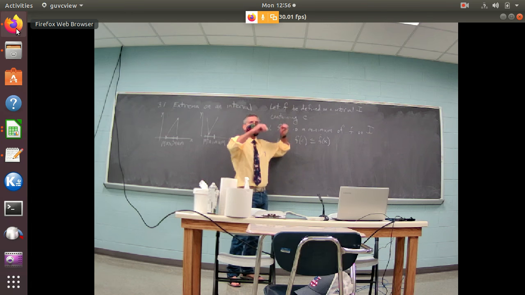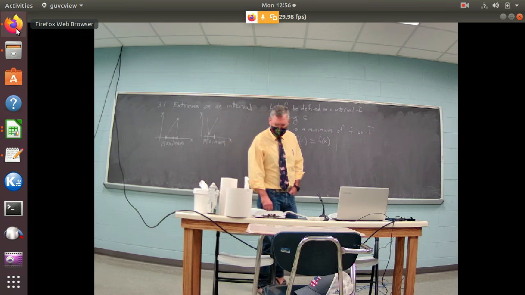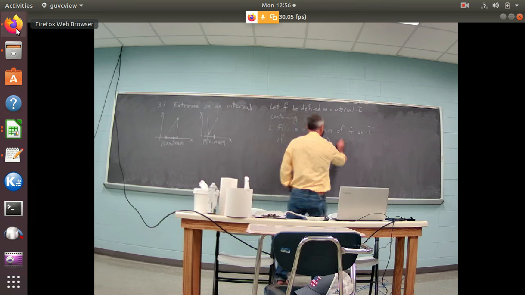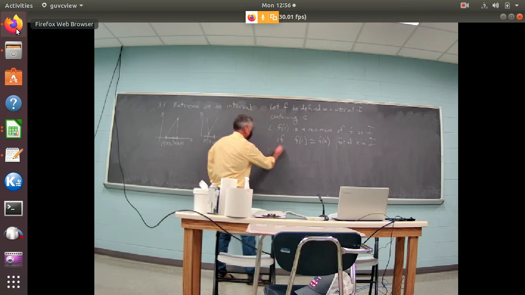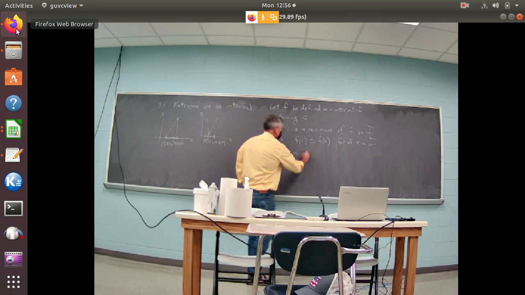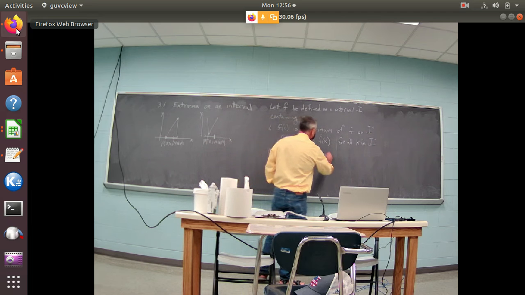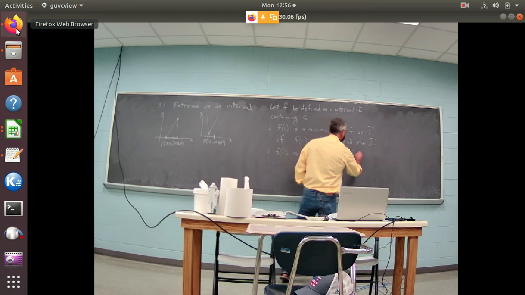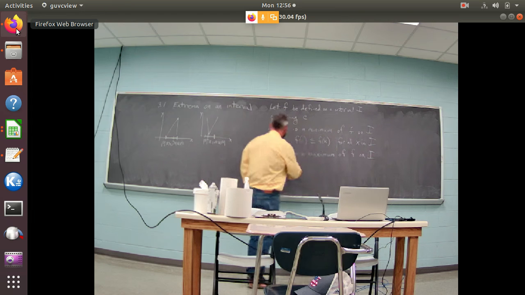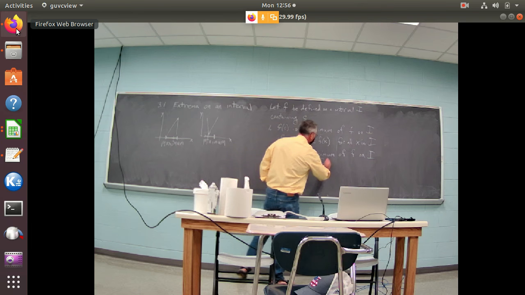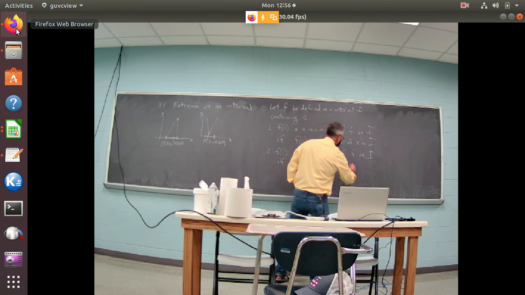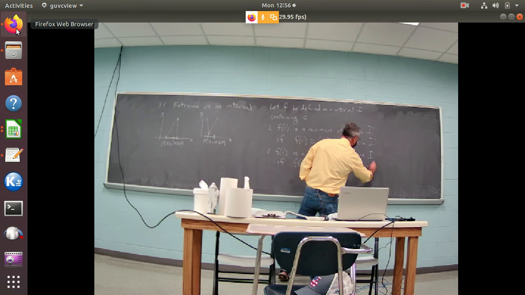So you could have two peaks at the same height. But it's less than or equal to f of x for all x in I, in that interval. And then similarly, f of C is a maximum of f on I if f of C is greater than or equal to f of x for all x in I.